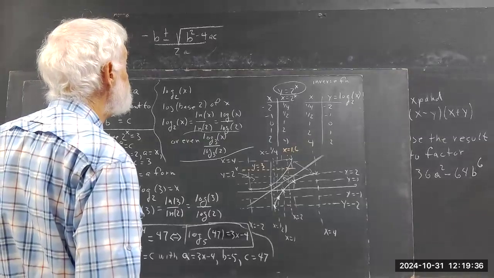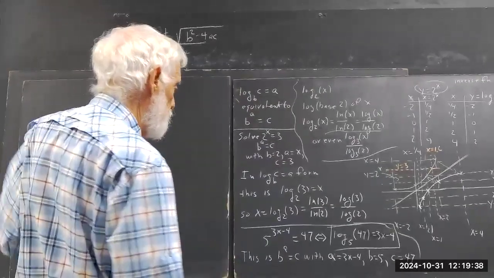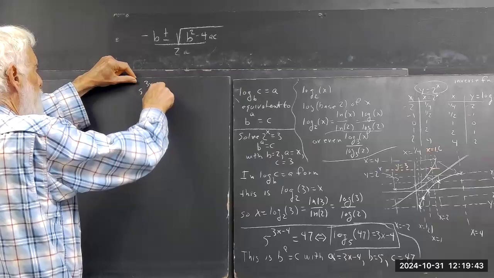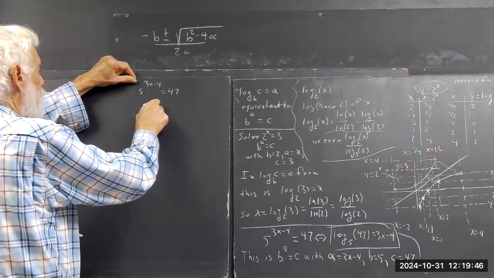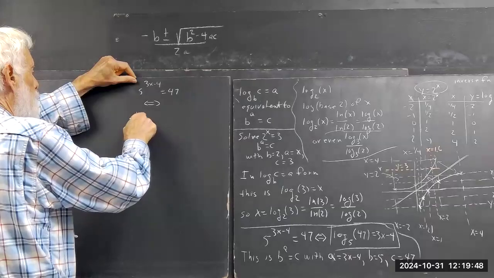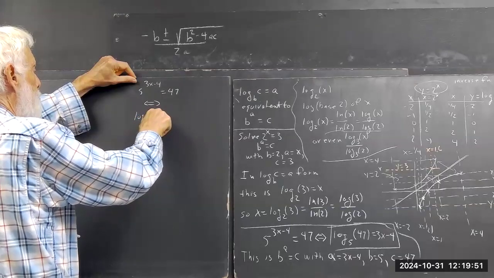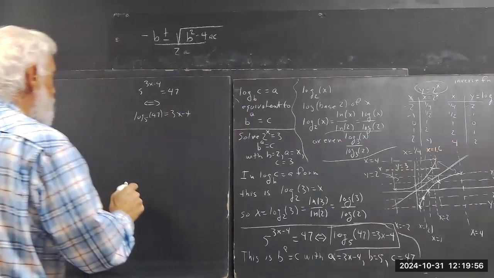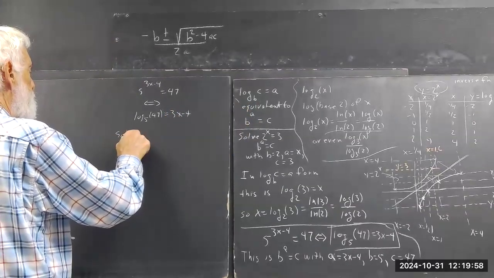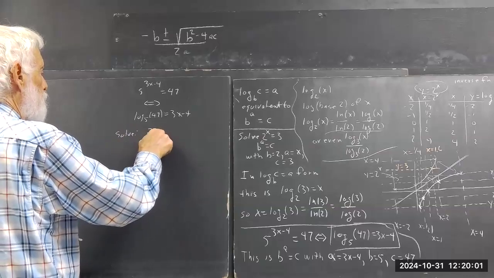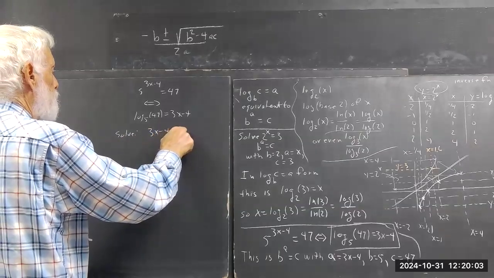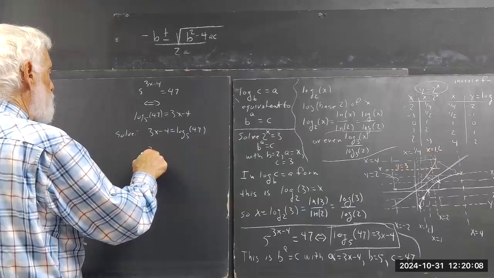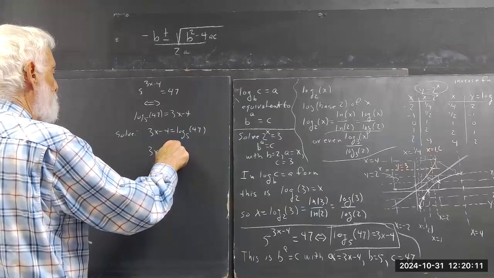We need a little more board space, so let's take it again. 5 to the 3x minus 4 equals 47 is equivalent to log base 5 of 47 equals 3x minus 4 by this equivalence. First of all, let's write 3x minus 4 equals log base 5 of 47. Then we're going to add 4 to both sides.